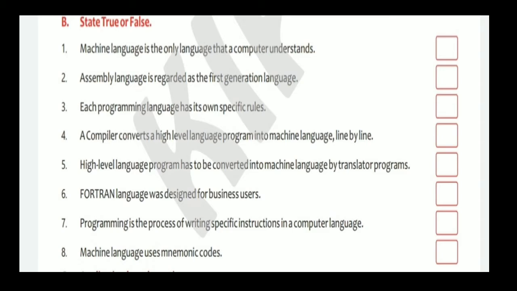High level language program has to be converted into machine language by translator program, that is true. Fortran language was designed for business users, so that is false. Programming is the process of writing specific instructions in a computer language, that is true. Machine language uses mnemonic codes, that is false. I hope these true and false are clear to all.